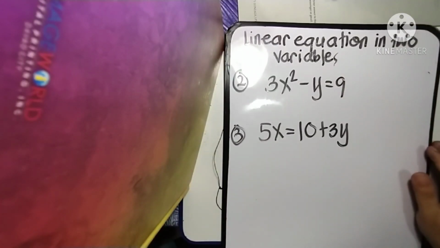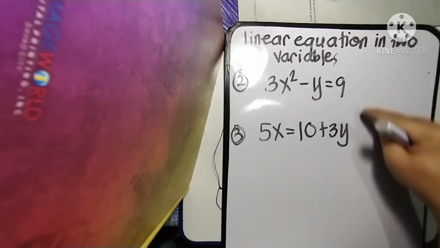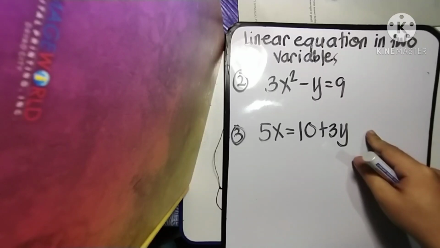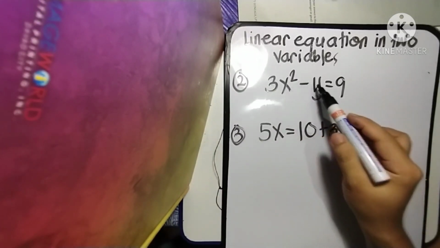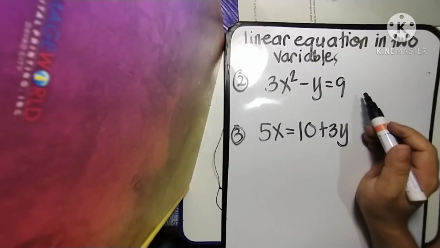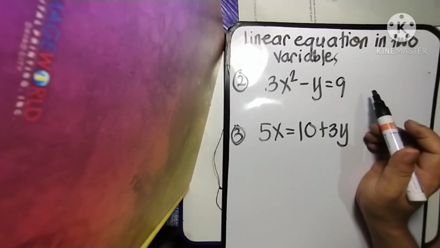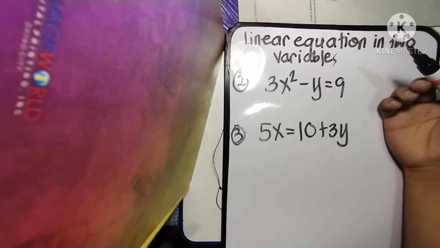Okay, so next example, let us determine if example number 2 and 3 are a linear equation in two variables. Okay, so number 2, we have 3x squared minus y is equal to 9. Now, in identifying if it is linear or not, we need always to remember the degrees of exponent. So if it is linear, all exponents are equal to 1.